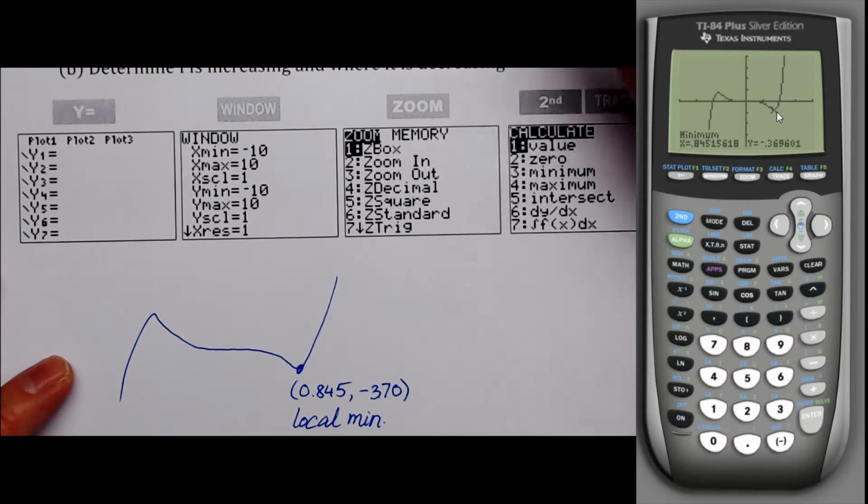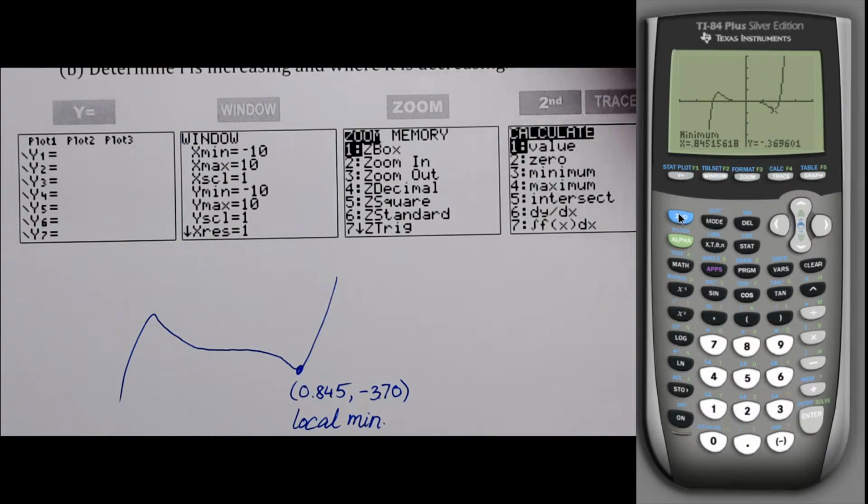Now we do the similar thing for the local maximum. Second, calculate, and the maximum is option number 4. So the maximum is about here, so we need the left bound and the right bound. We move a little bit to the left. Right. And as for the right bound, we go to the right.